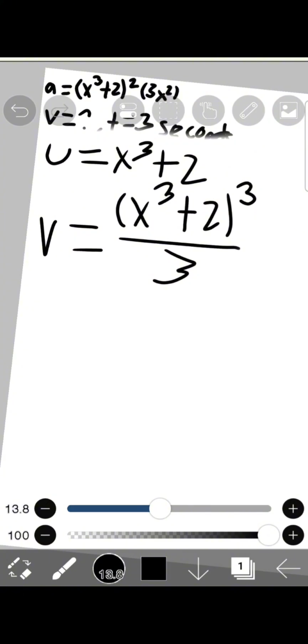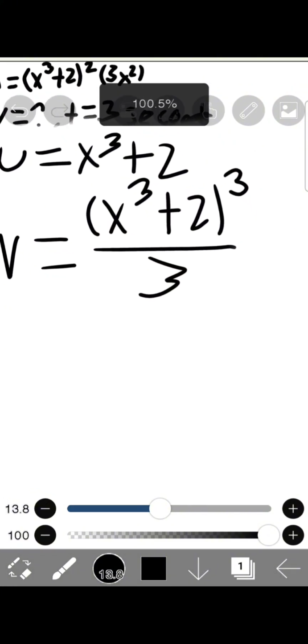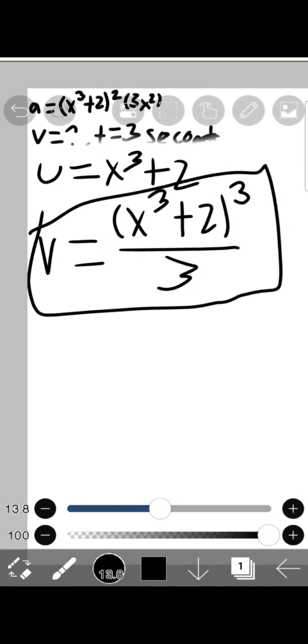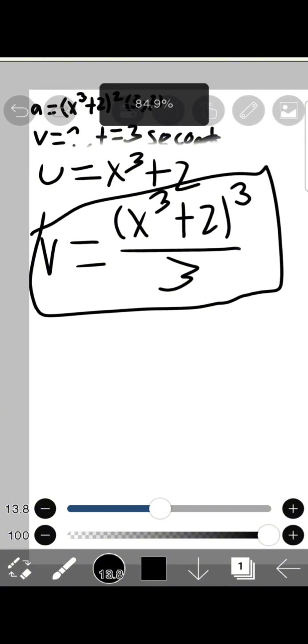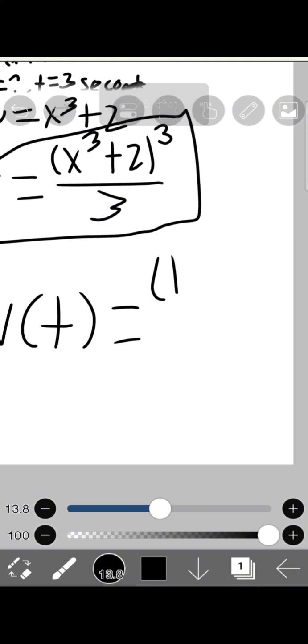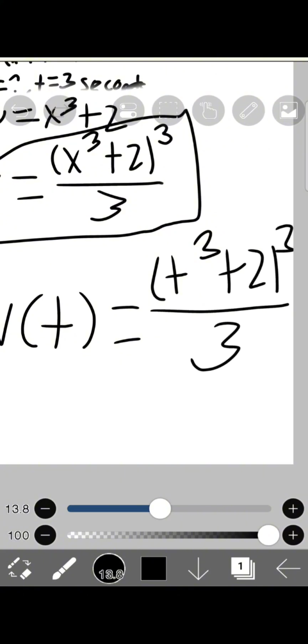So this is our velocity function. Right now you don't see the letter t in it, but we can replace x according to time. So this becomes t cubed plus 2, cubed, all over 3.